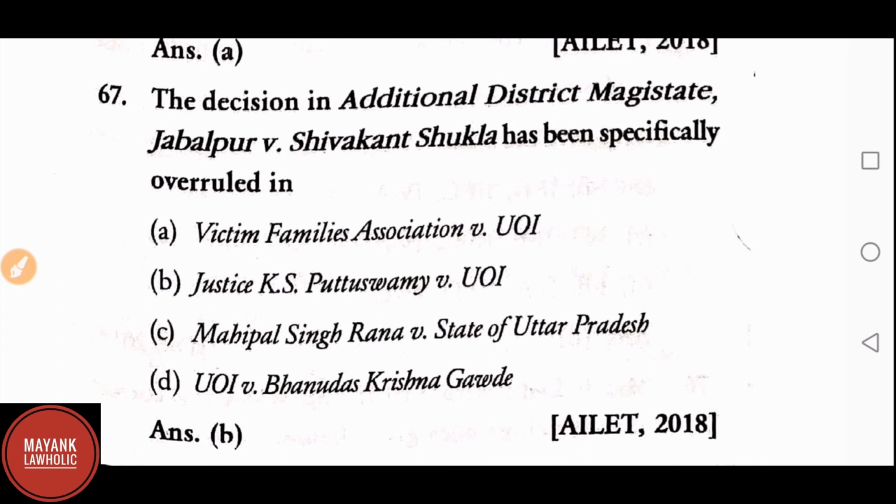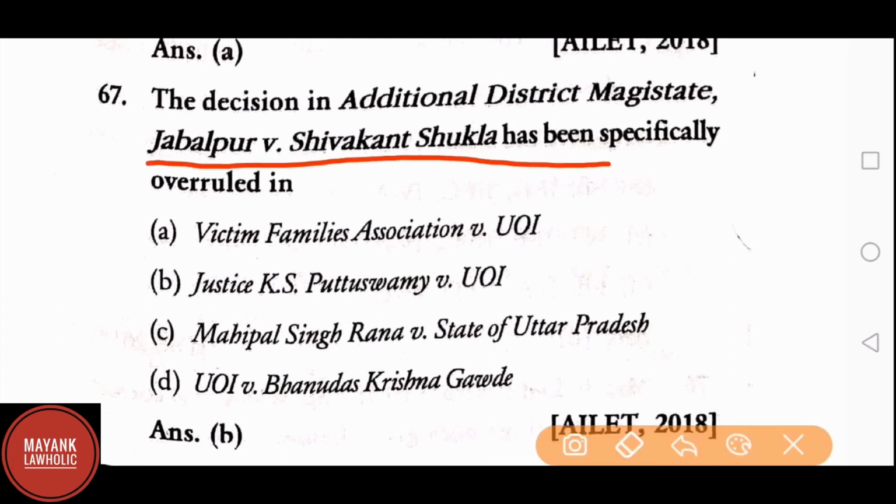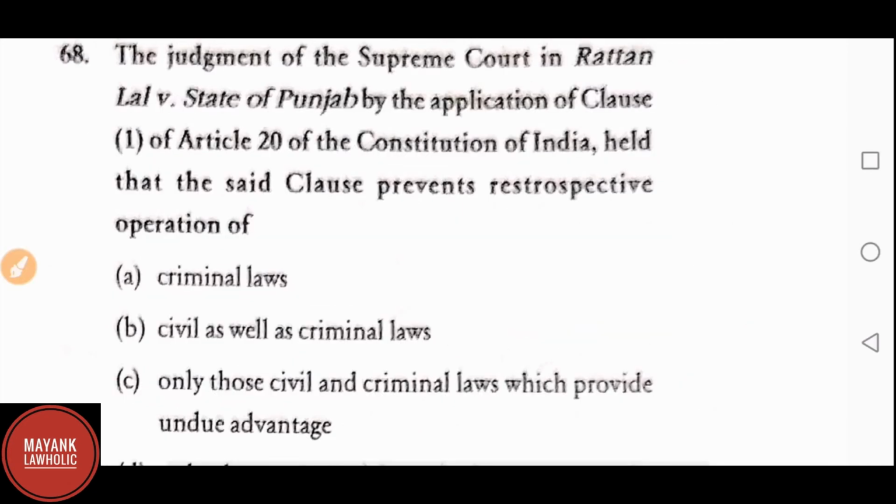Question number 67. The decision in Additional District Magistrate, ADM Jabalpur versus Shivkant Shukla has been specifically overruled in B. Justice K. S. Puttaswamy versus Union of India. Question number 68.